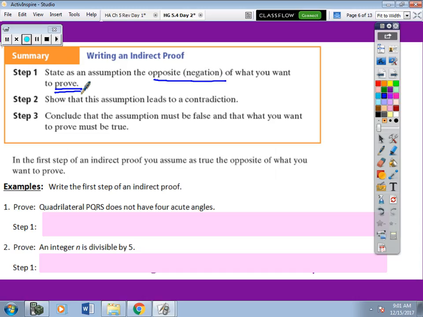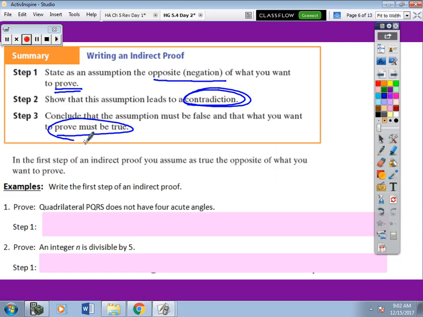Step 2 is to show that this assumption leads to a contradiction, so that the negation contradicts something, quadrilateral sum, triangle sum, etc. Once you prove that the negation can't happen by this contradiction, then the original statement must be true. So conclude that your assumption must be false and that what you wanted to prove must be true. So you basically restate the proof statement as step 3.